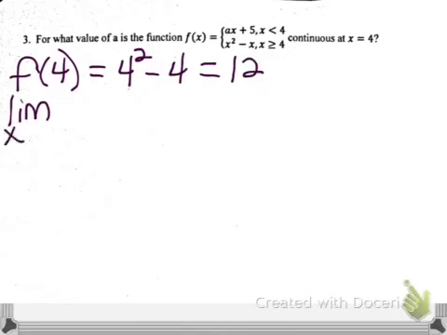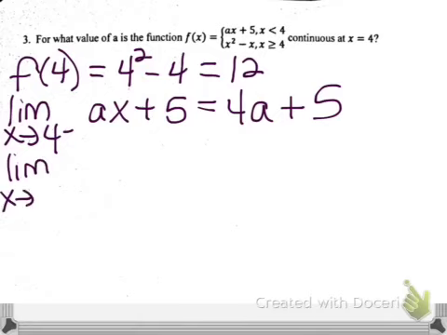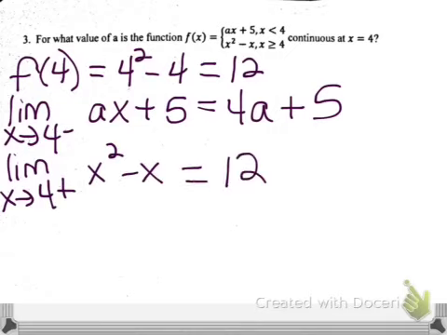Limit as x approaches 4 from the left would be what? ax plus 5. So it would be 4a plus 5. And the limit as x approaches 4 from the right would be the x squared minus 4 minus x. Plug 4 in, and I get 12.